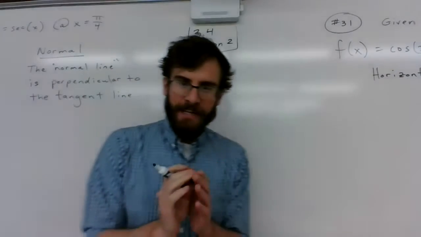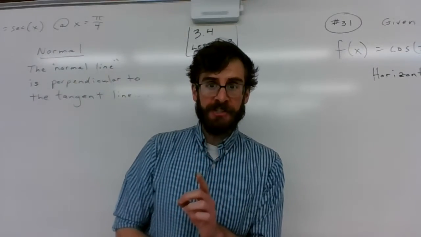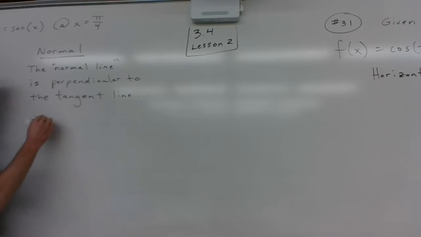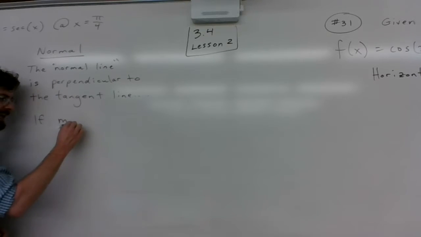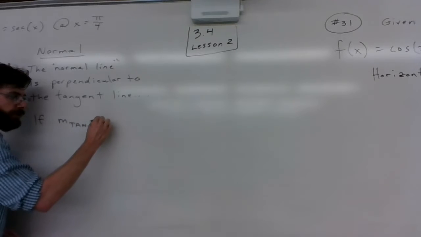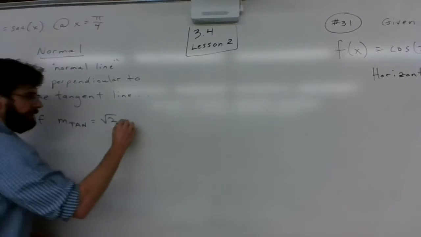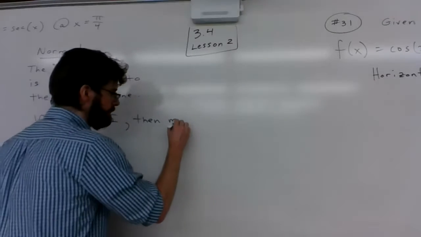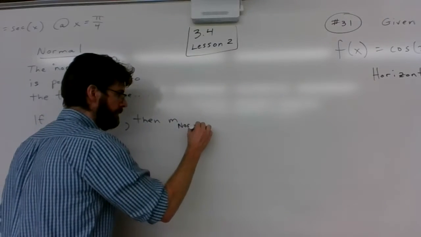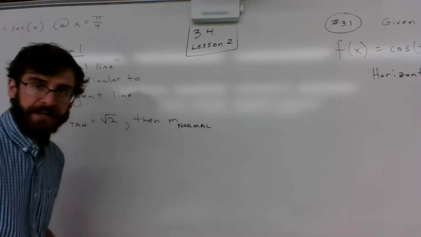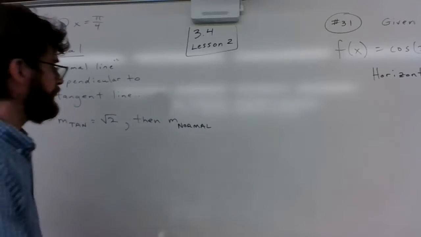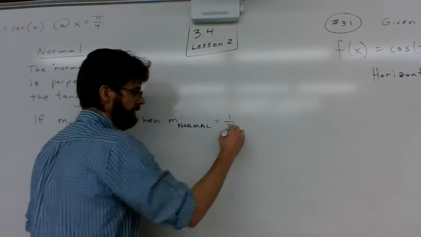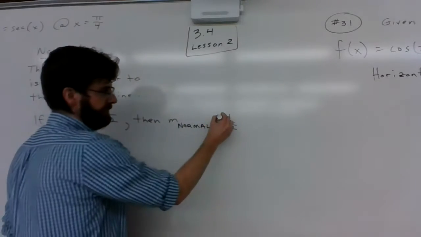So with perpendicular lines, you know that the slopes are negative reciprocals. So if m tangent equals root 2, then m normal, the slope of the normal line, or the line that's perpendicular to that, is going to be flipped and made opposite positive.